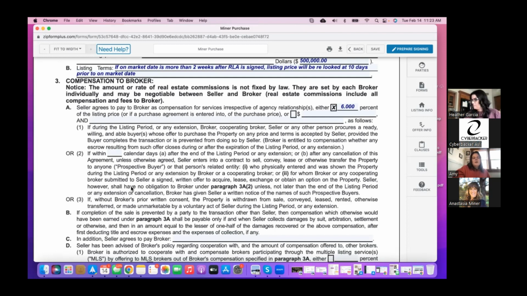Seller, however, shall have no obligation to broker under paragraph 3A2 unless no later than the end of the listing period or any extension or cancellation, broker has given seller a written notice of the names of such prospective buyers.